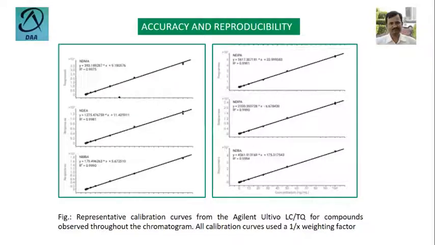So you can see the linearity is there, and here the equation is there, and the R square value will come automatically. And this is the representative calibration curves from the Agilent triple quadrupole systems.